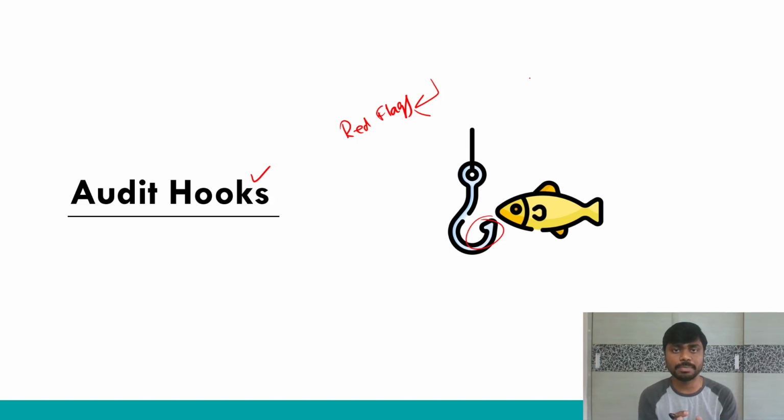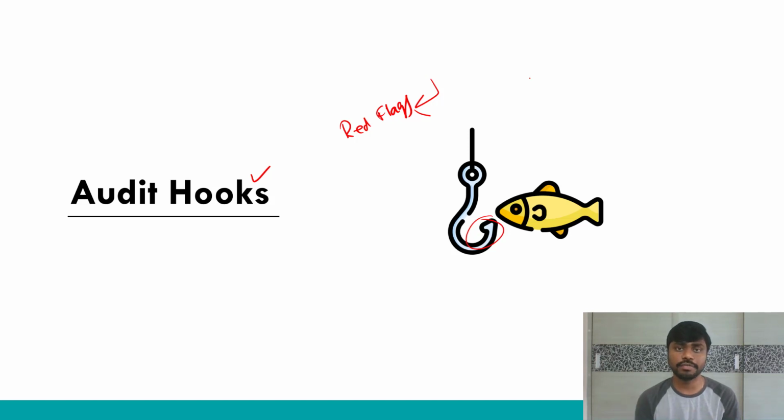Whenever this transaction happens, the software gives a notification to the auditor. In all the previous cases, all the observations done by the tools are recorded in separate files, and the auditor has to manually come and review. But in audit hook software, the software sends a notification to the auditor: there is some suspicious transaction based on the criteria you have given, so please have a look at it.